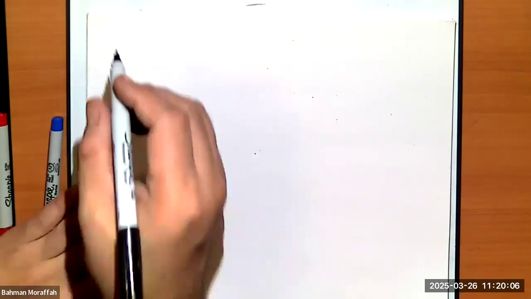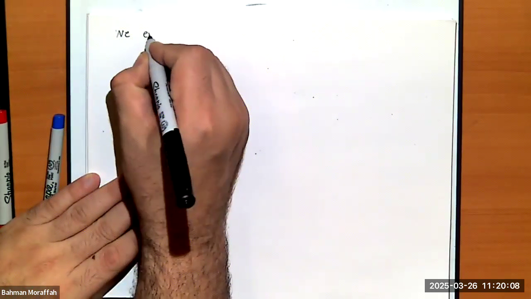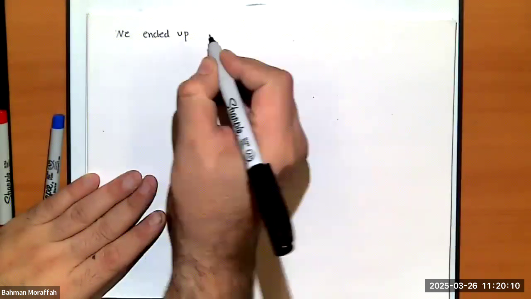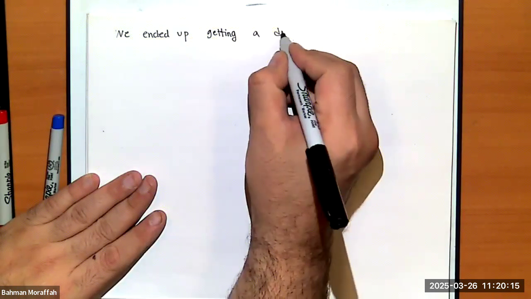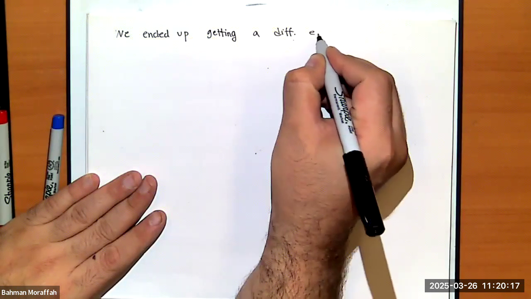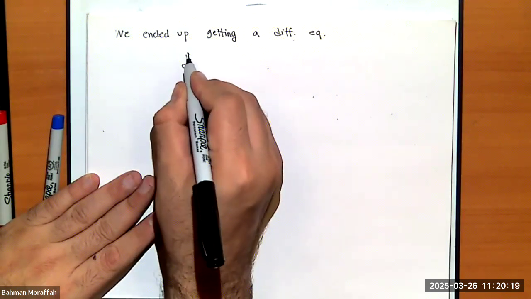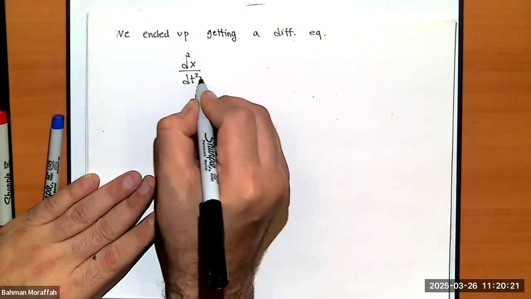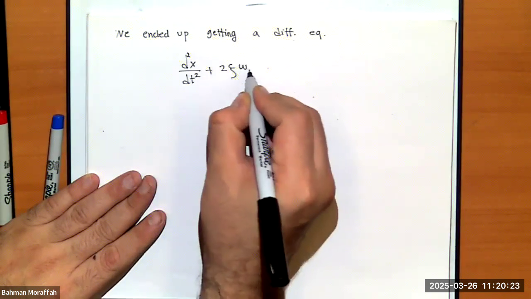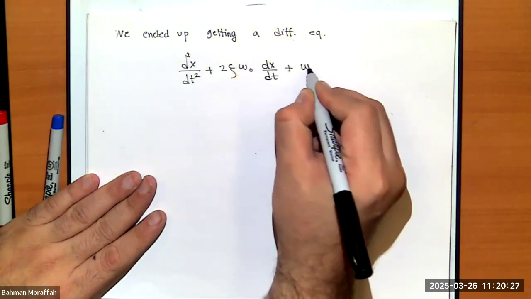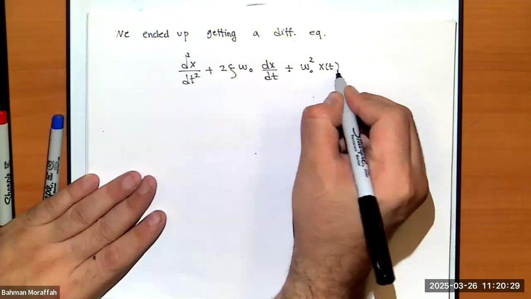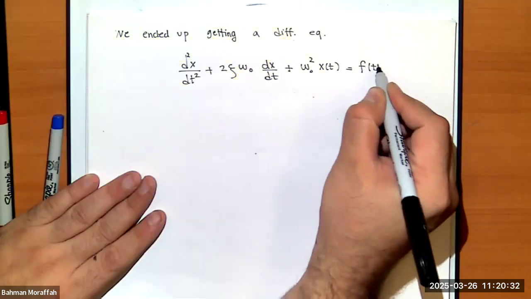So to remind you of what we ended up getting, we ended up getting a differential equation that looked like this: d squared x dt squared plus 2c omega naught dx dt plus omega naught squared x of t equals some f of t.